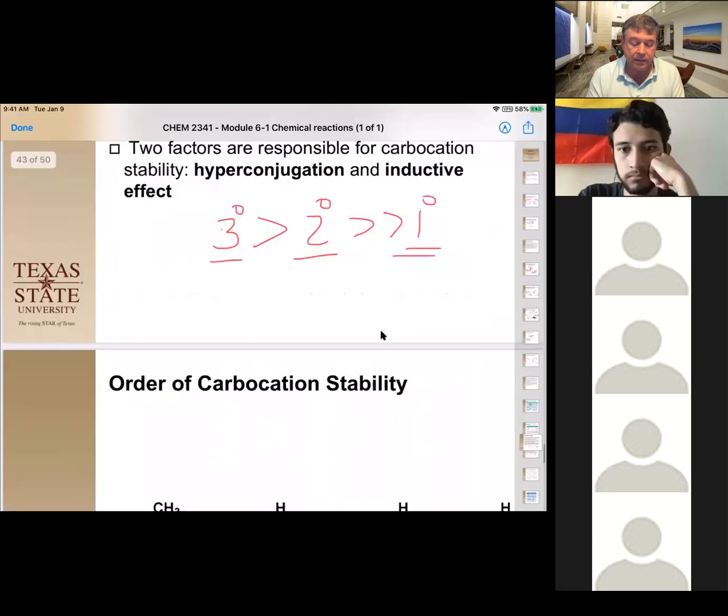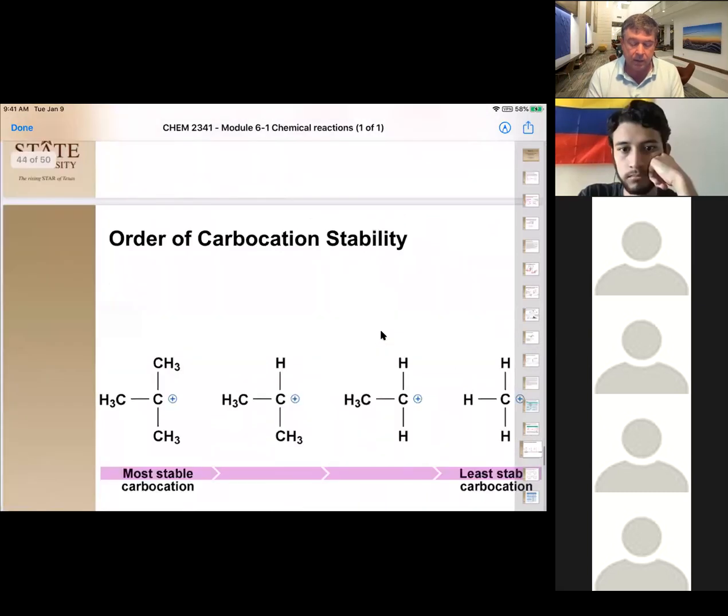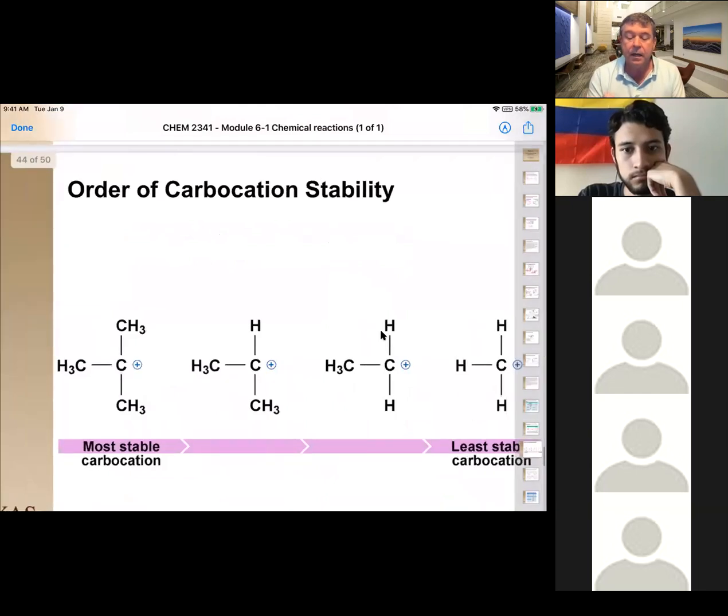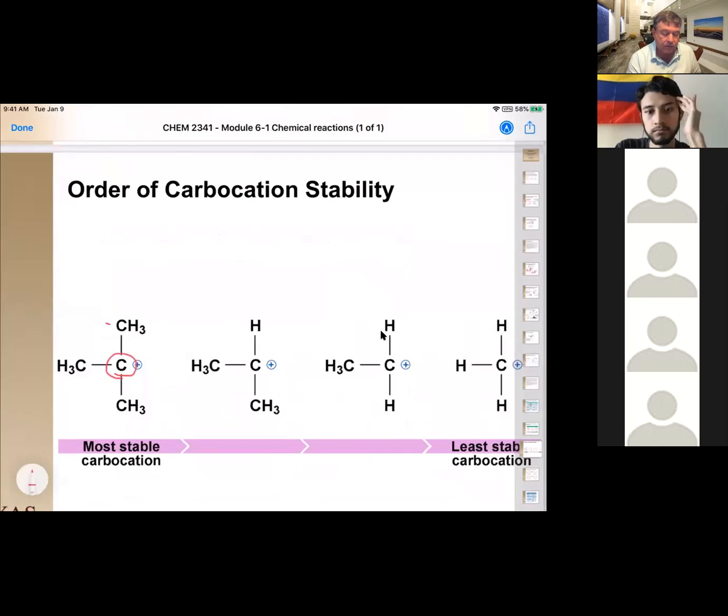In the case of the inductive effect, I'm going to use this drawing right here. When we have a carbocation here, we have carbons that have all the same electronegativity. But now that you have a positive charge on that carbon, it can actually donate a little bit of its electron density toward that carbocation, and each of those carbons can do that.